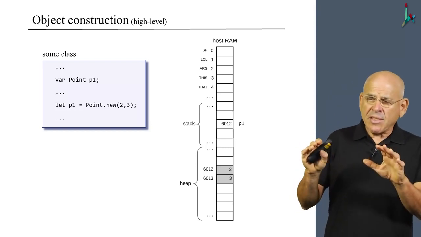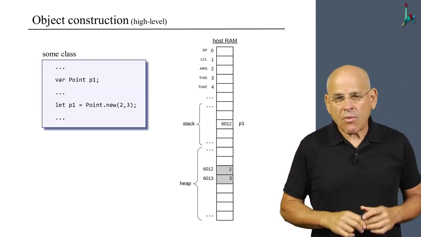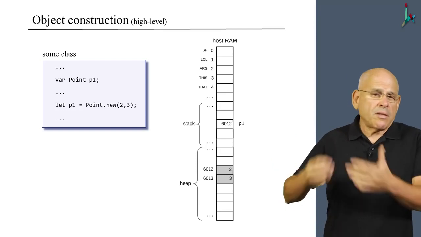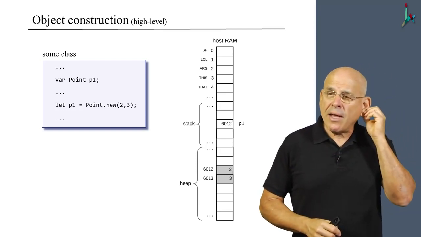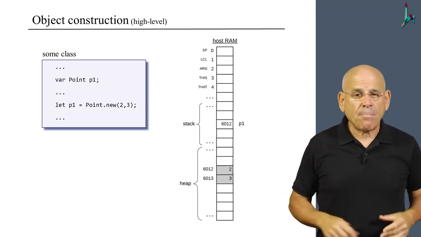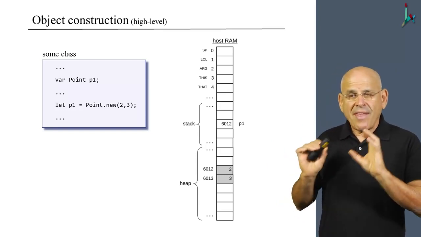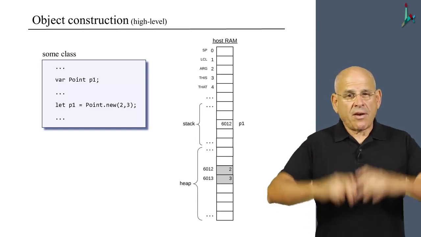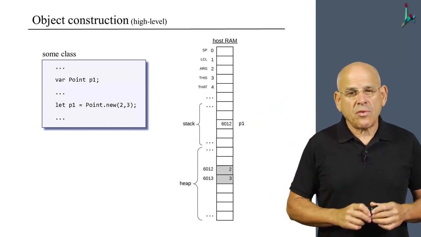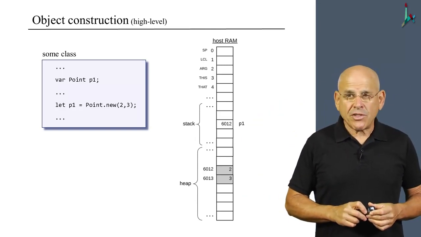Now, the 6012 address is completely arbitrary. I made it up, and I assume that this is the place in the RAM that the compiler ended up storing this particular object. So that's what happens in a very high-level view of operation.